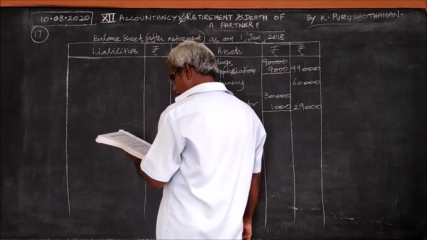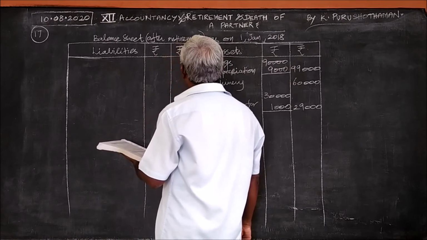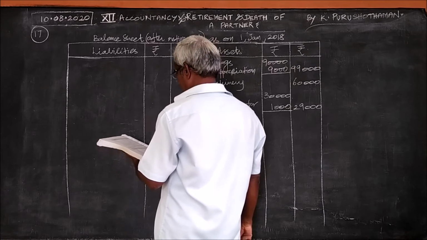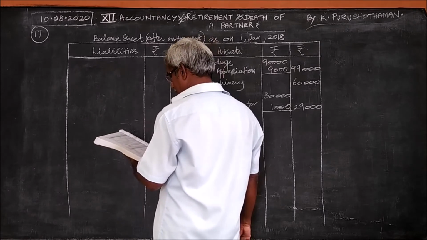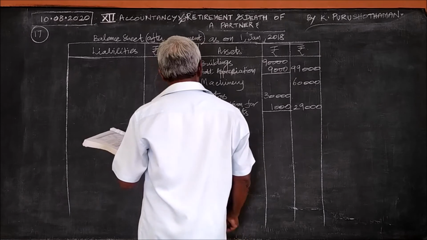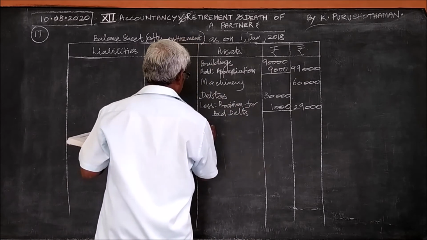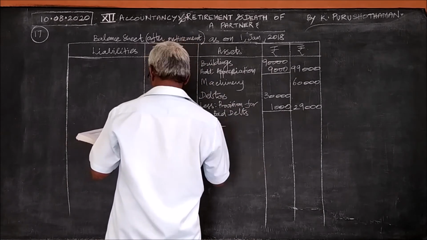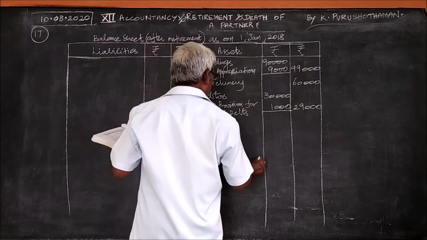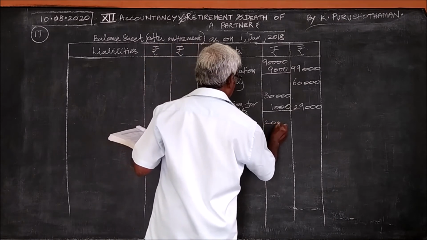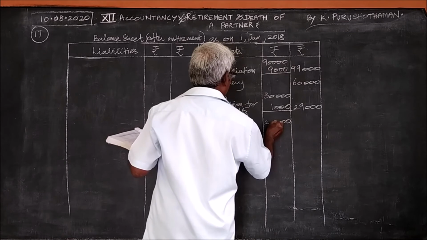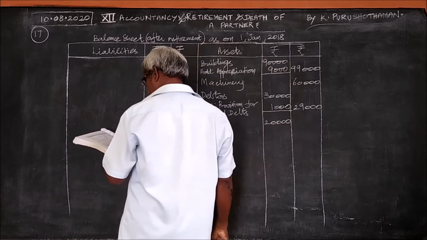Then machinery and debtors we have attended. Then next one is stock. Stock, value of stock 20,000. Regarding stock there is an adjustment.